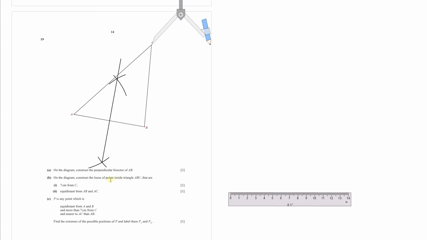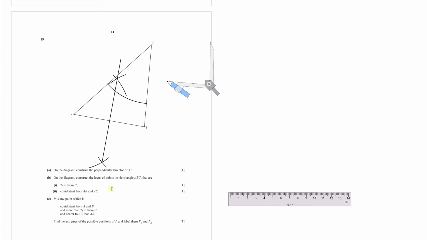And since I only have to draw the locus inside the triangle, I only have to draw the part of the circle that is inside the triangle ABC. So I will start my arc at this point, and it will go on up till this point. So this is the part of the circle which is inside this triangle ABC. So all the points on this arc will be 7 centimeters from C.